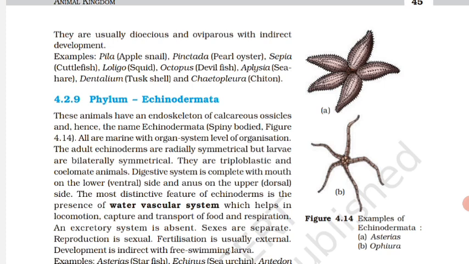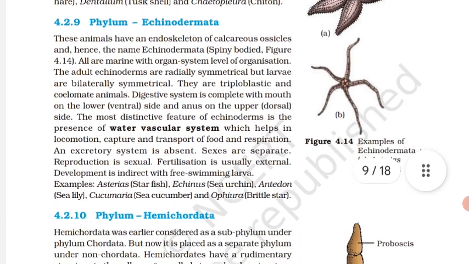Table 4.1 presents a comparison of salient features of chordates and non-chordates. I am reading the first points of the chordate, that is notochord is present in the chordate and notochord is absent in non-chordate. Central nervous system is dorsal, hollow and single in the chordates, and central nervous system is ventral, solid and double in non-chordate.